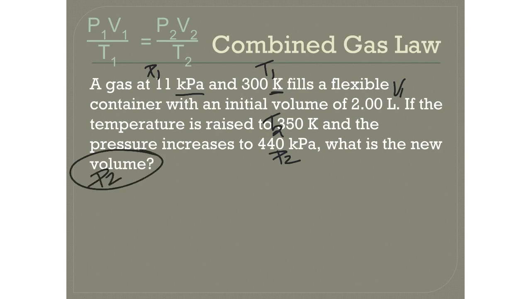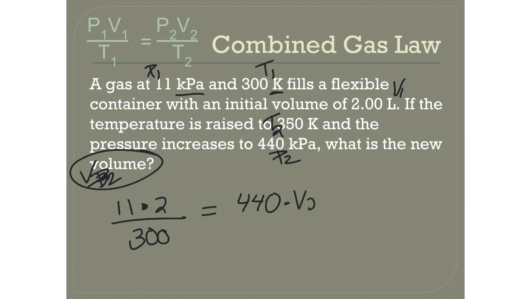I'm looking for V2. And again, I'm going to take my variables and plug them in where they belong. So P1 is going to be 11 times V1, which is 2, over T1, which is 300. And then I'm going to set that equal to P2, which is 440, times V2, which I don't have.